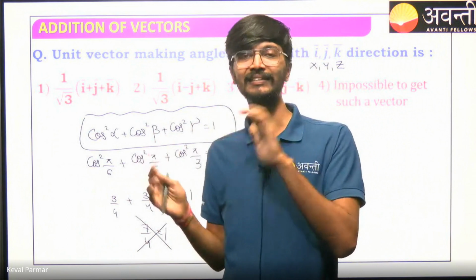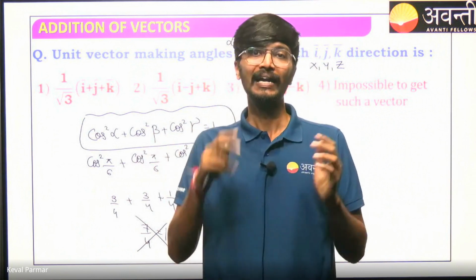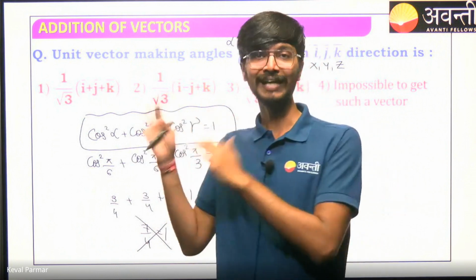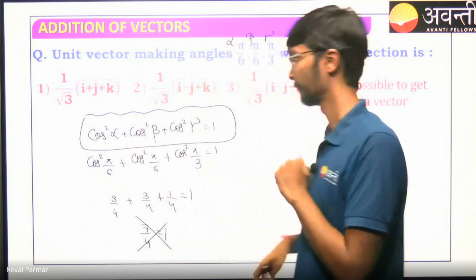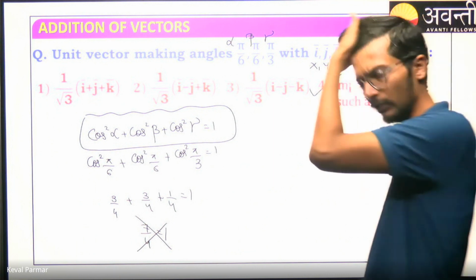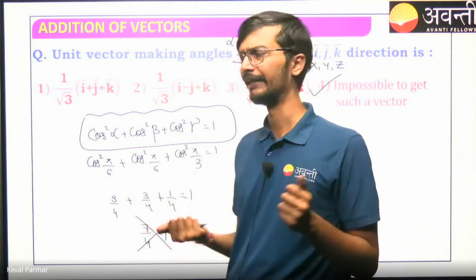So the condition is not satisfied, and a line of such kind does not exist. So the option will be 4: impossible to get such a vector, or you can say impossible to get such a line.